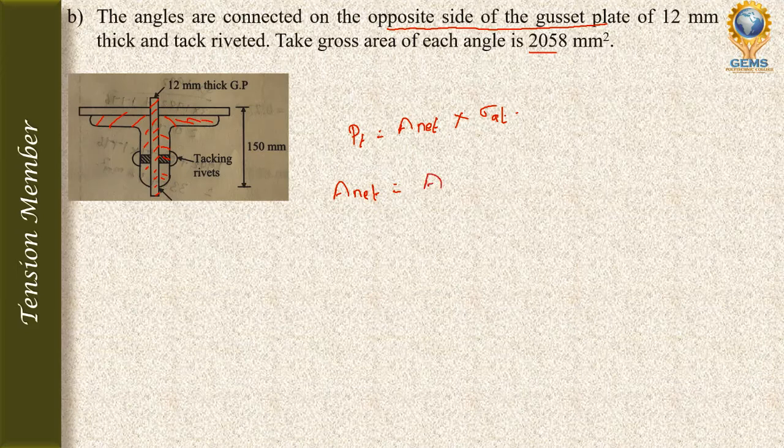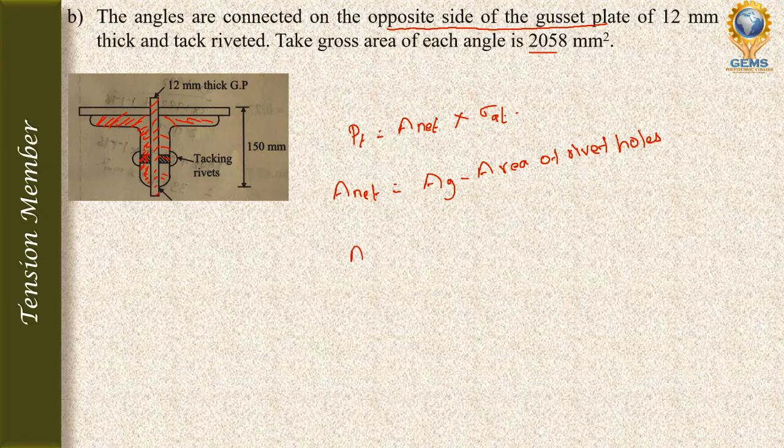So gross area minus area of the rivet hole. This will give the area of the net of one angle section. But we need two angle sections. So how can we find it?